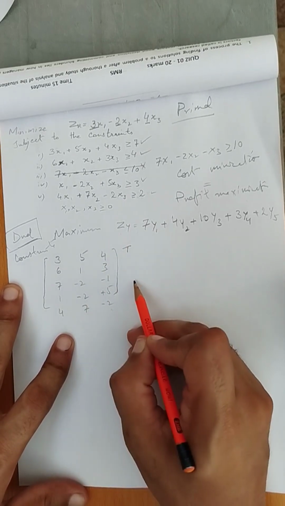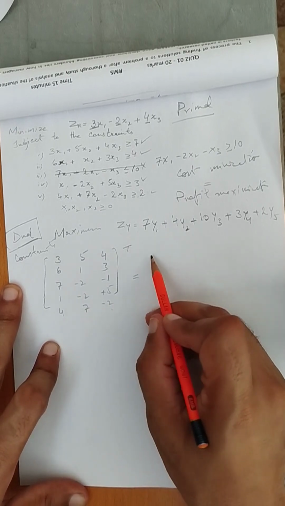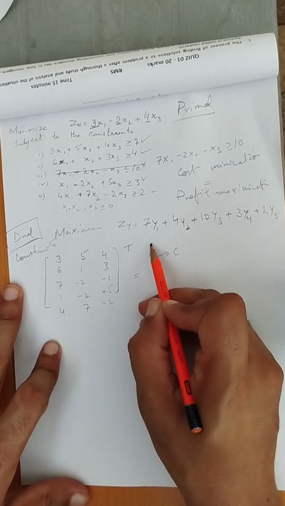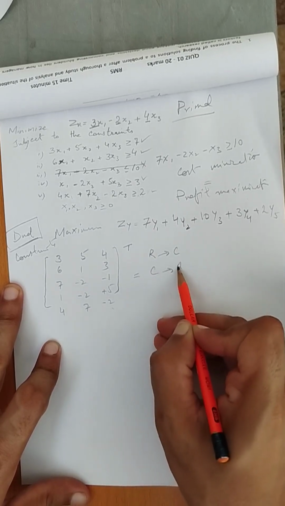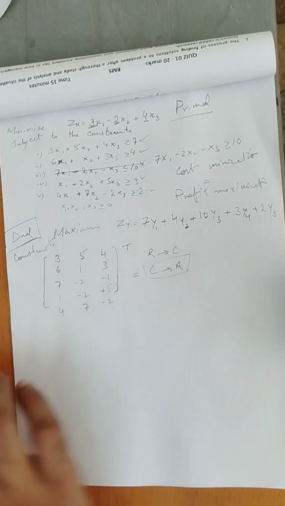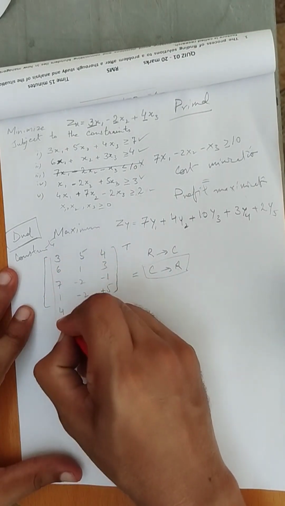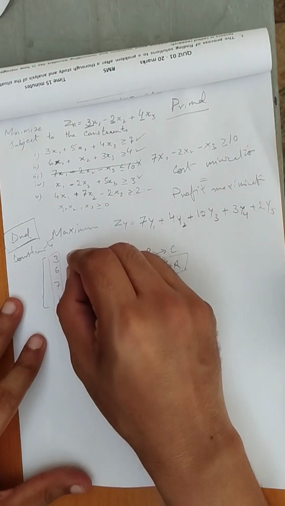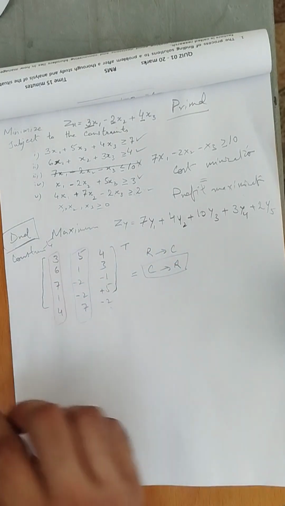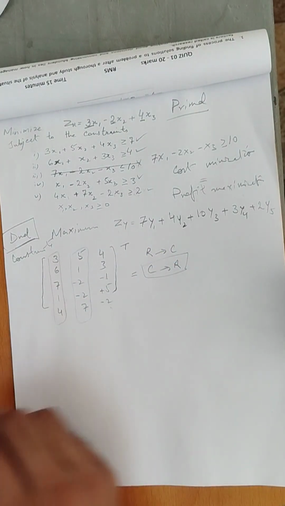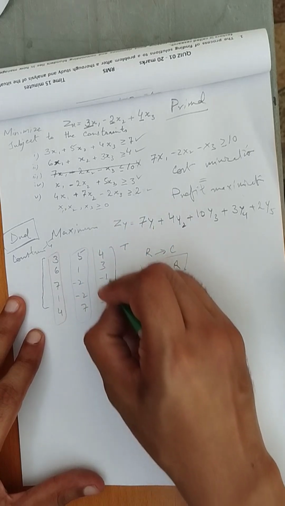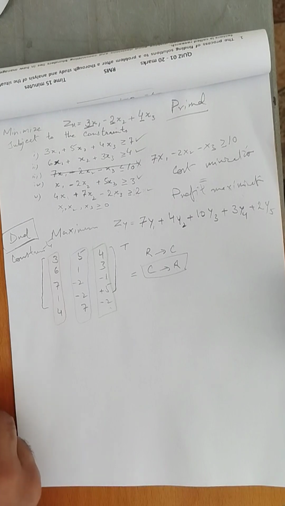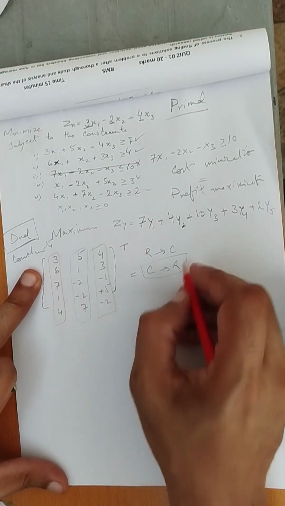Okay, let's talk about this. We need to transpose it, and the transpose, we already know that we can convert the row to column or column to row. So we are going with this column to row. So these are the columns we have. Let's transpose it.